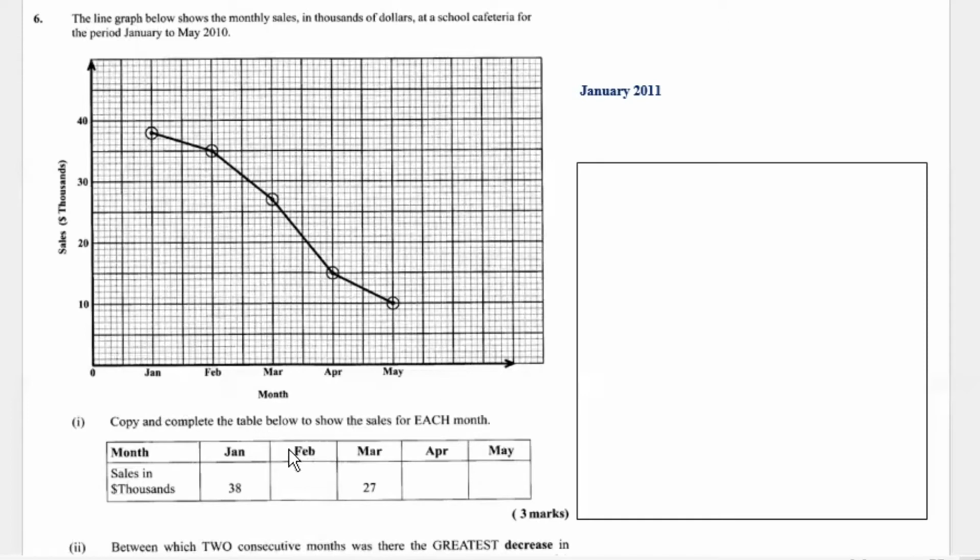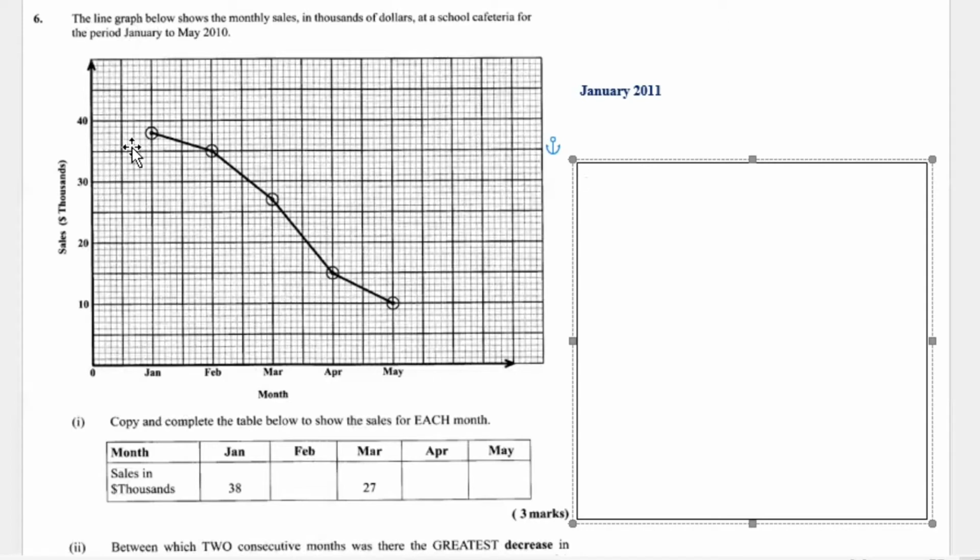So with that said, we can now look at February. So we're completing the missing values, which would be February, April, and May. So if we look at February, so we're coming up. So this would be 35,000, because remember this would be 30,000.